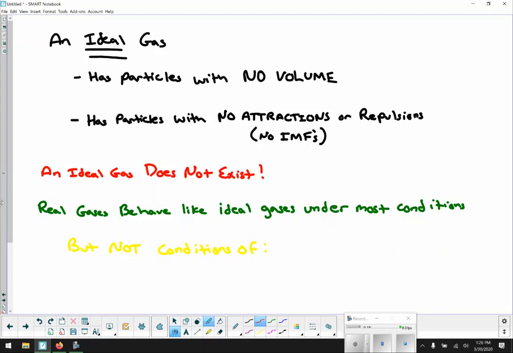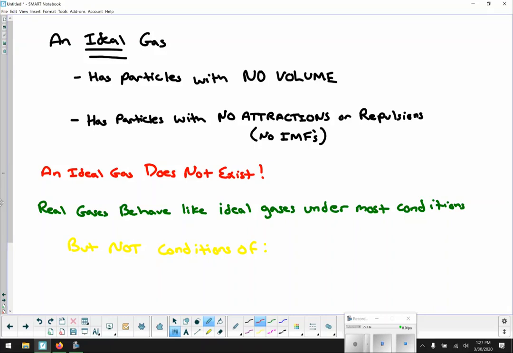However, because gases are so spread out, so non-dense, under most conditions real gases behave like an ideal gas. They're so spread out that the particles might as well have no volume. If some gas is in a container and that container is 99.9999% empty space, the fact that the particles have that 0.00001% of volume is mathematically negligible.